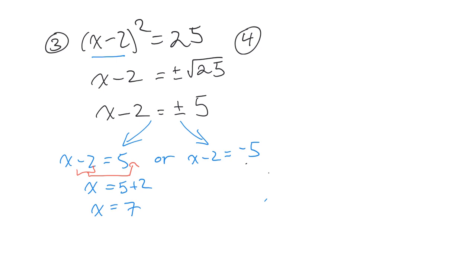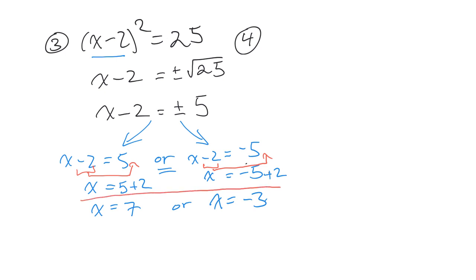And then we take a look at the or part and do the second half. So now we have x minus 2 equals negative 5, and we're going to take the negative 2 over to the other side. So we have negative 5 plus 2. So that means we have x equals negative 3. So our answer is x is equal to 7, or x is equal to negative 3 for our final answer.